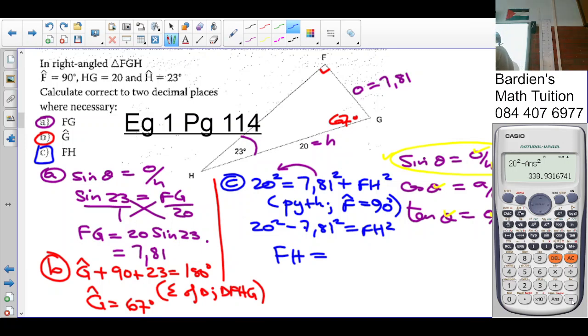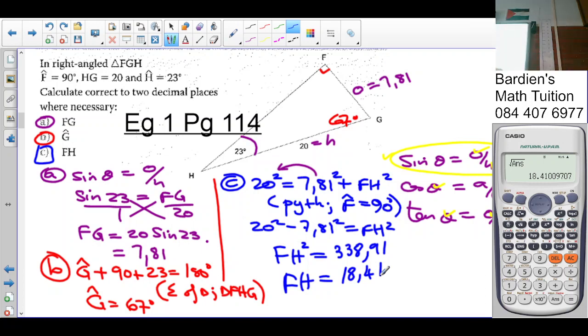That is FH squared. The square root thereof normally goes plus minus, but I'm not going to go plus minus here. Why is it only positive? Because length is never negative. FH is 18,41.